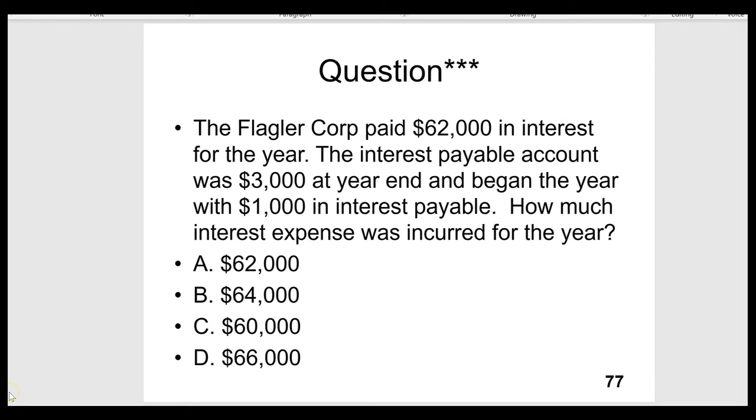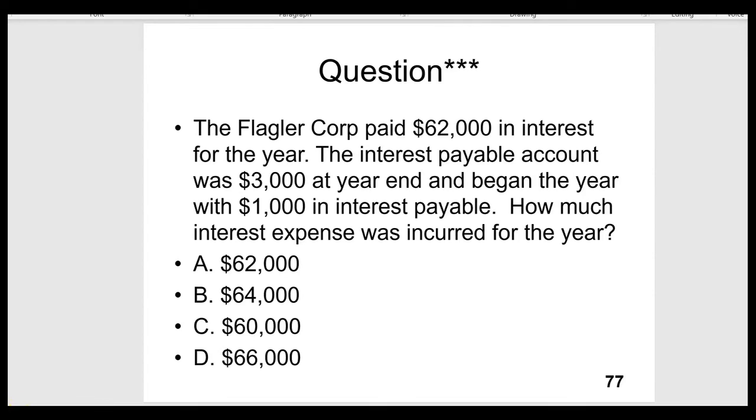Let's get a look at the beginning and the ending balances, and how did that help us solve this? Well, you could say that the $1,000 beginning balance, that's last year's accrued expense at year end. You incurred that $1,000 last year, you paid that $1,000 this year.